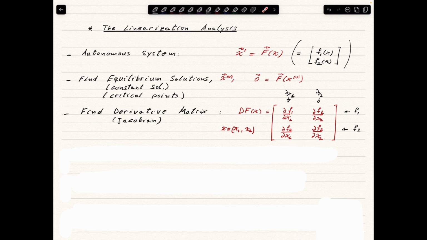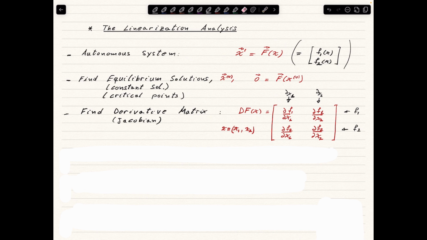So the derivative matrix is simple to compute. You have the two functions that define the equation. In the first row you use the first function, the top function, and you compute the derivative with respect to x1 and x2. In the second row you grab the second function and again compute the derivatives with respect to x1 and x2. And you get a matrix that is a function of x. So this is not a constant matrix. In general, this is a matrix valued function.